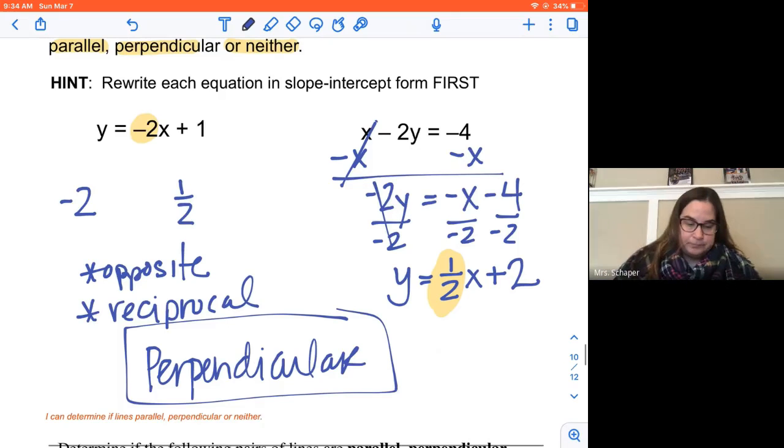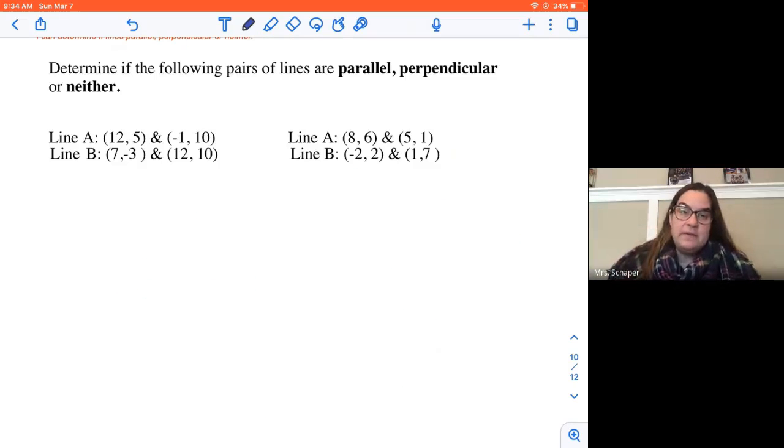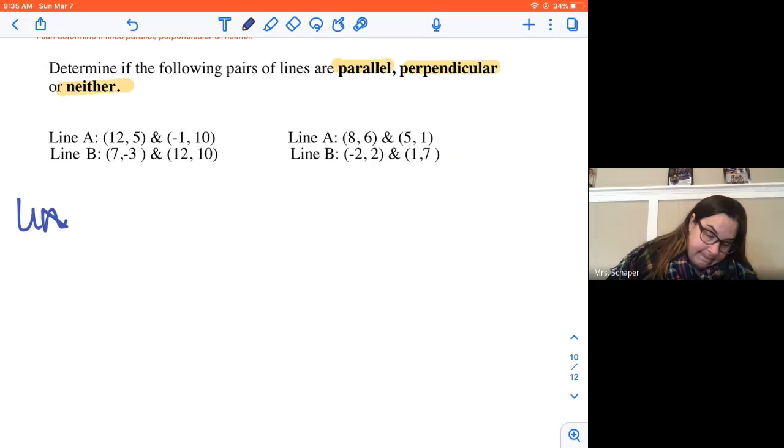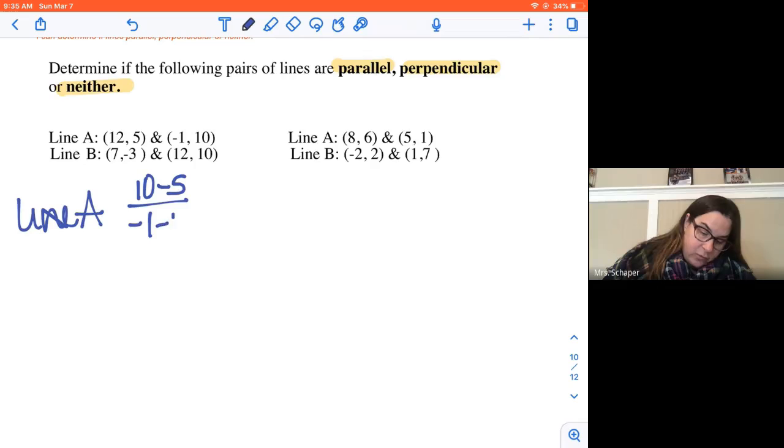Here we go. We have to determine if these lines are parallel, perpendicular, or neither. So what we'll do is we'll find the slope of each line and decide. So for line A, my slope is 10 minus 5 over -1 minus 12, which is 5 over -13.